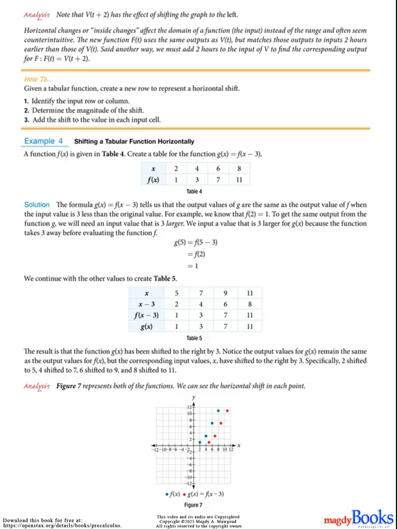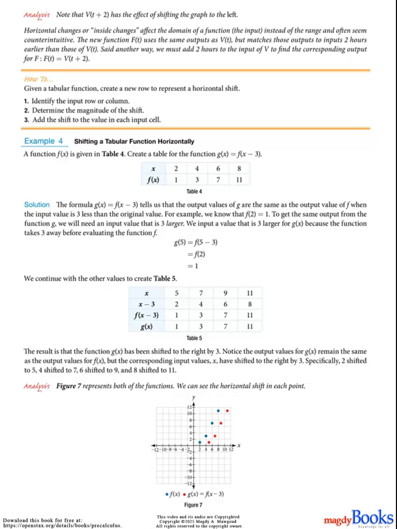For x = 7, x − 3 = 4, f(x − 3) is 3, and g(x) is 3. For x = 9, x − 3 = 6, f(x − 3) is 7, and g(x) is 7. For x = 11, x − 3 = 8, f(x − 3) is 11, and g(x) is 11.